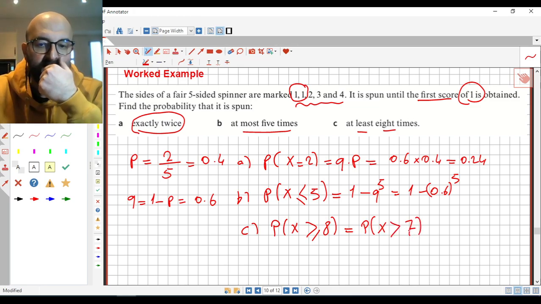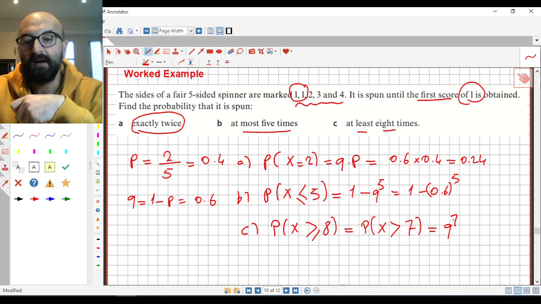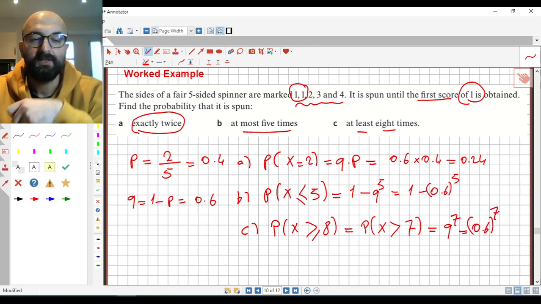X greater than 7 means we have failure in the first 7 trials. So it is q to the power of 7, and it is 0.6 to the power of 7.